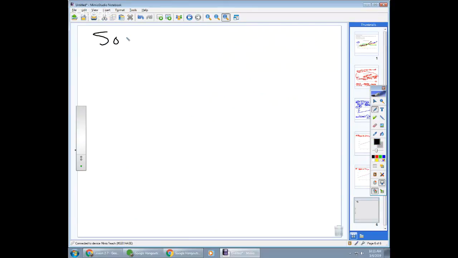So we're going to have some graph families. And a graph is just a pattern according to some data. So the first family is called the linear family.